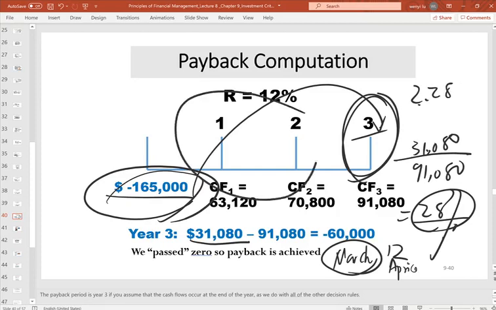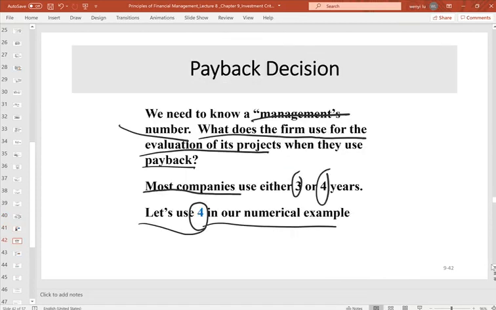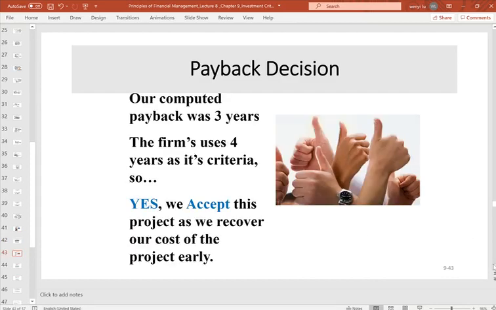These 2 years already passed, then plus 28% will be 2.28 years. So this is less than 4 years, which means you get the initial cost recovered sooner than your required years. So it is a good project because you recover your cost sooner, and you will take this project. If you recover the initial cost in more than the required years for the management, you will reject this project.